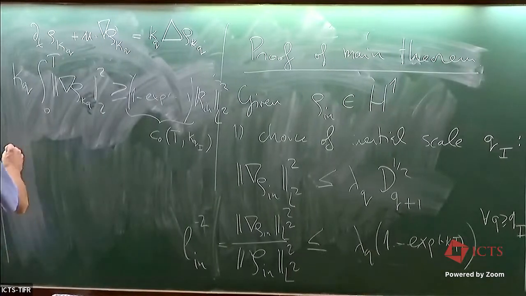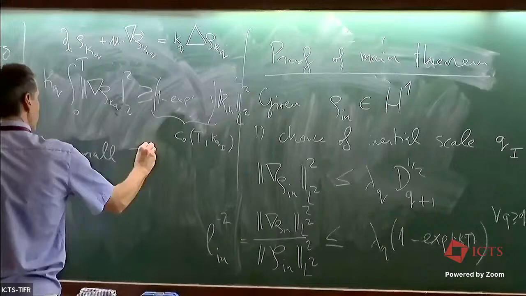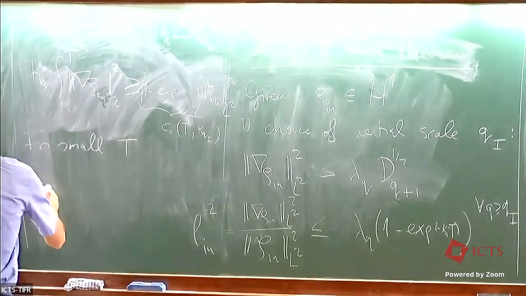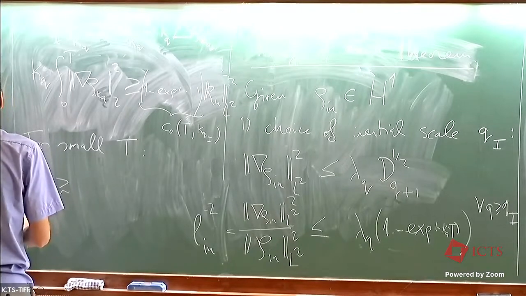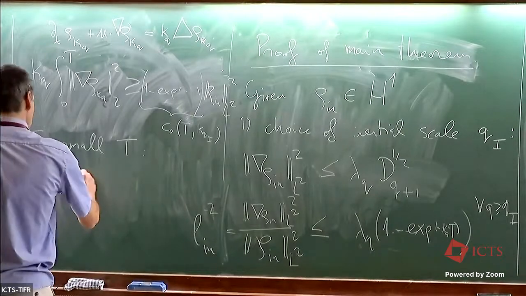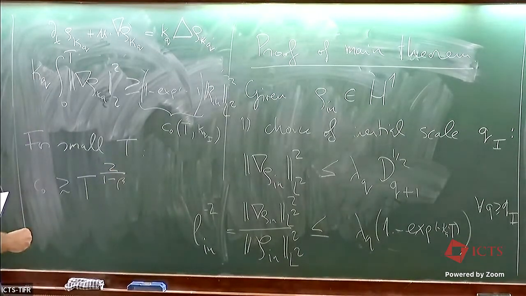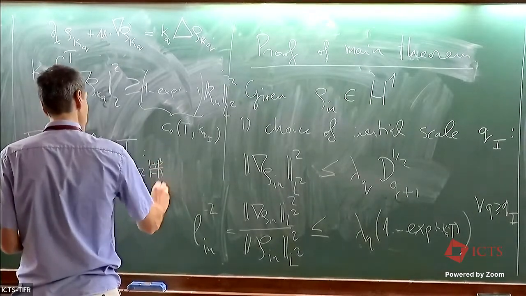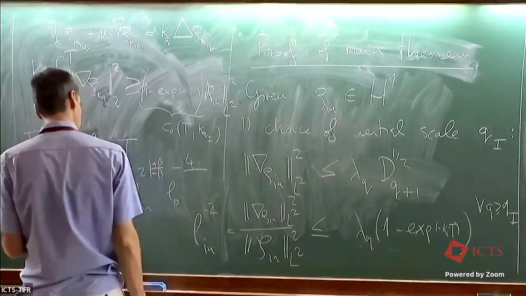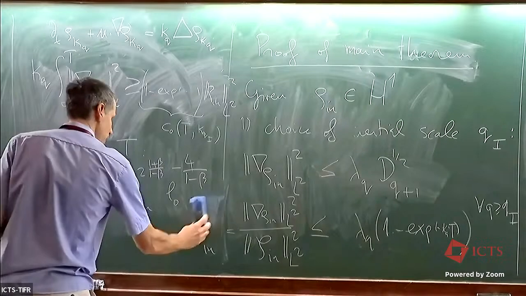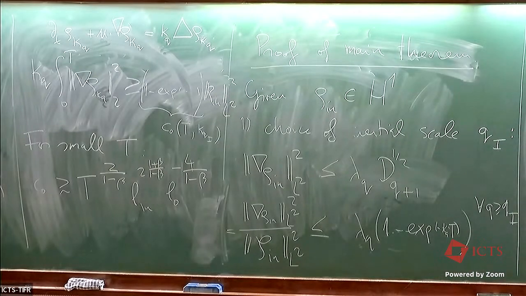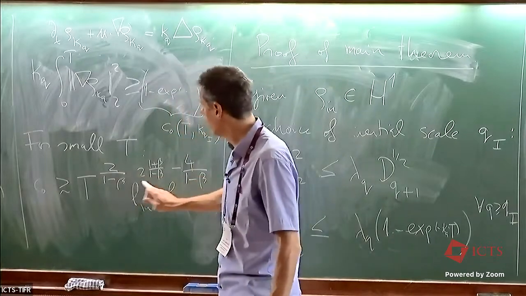What is interesting is that for small t, C0 is going to be t to the 2 minus 1 minus 2 divided by 1 minus beta times the initial length scale of the initial data to the 2, 1 plus beta over 1 minus beta, and the integral length scale to the minus 4, 1 minus beta, where I'm cheating a little bit because in the whole choice of these parameters, there is a b, which is bigger than 1, and the b should enter, but this just gives small corrections to the exponents.